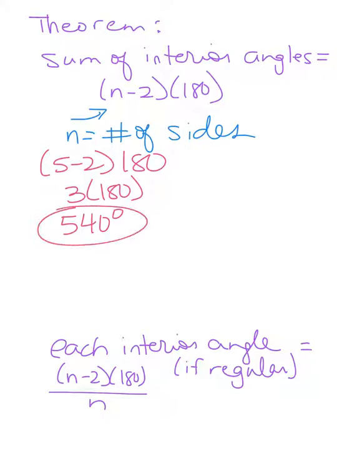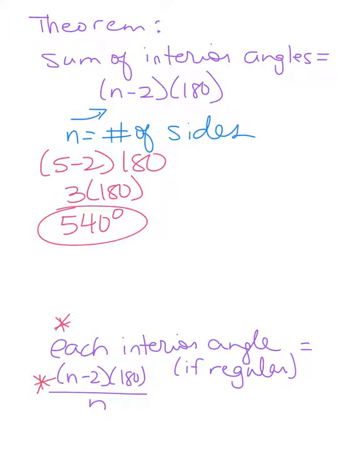Now, looking at the bottom, it says if each interior angle, if it's regular, we can again do something a little bit different with the formula. If I know the entire pentagon has a measure of 540 degrees, and I know it's a regular pentagon, meaning that all the sides and the angles are congruent, then I can use this formula right here. So I'm going to do the same thing.